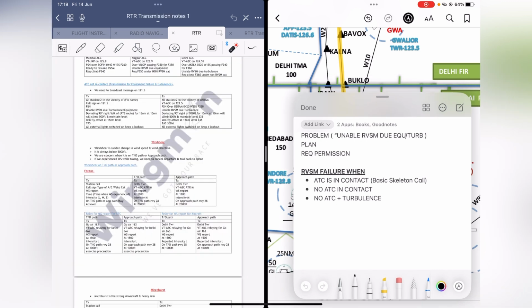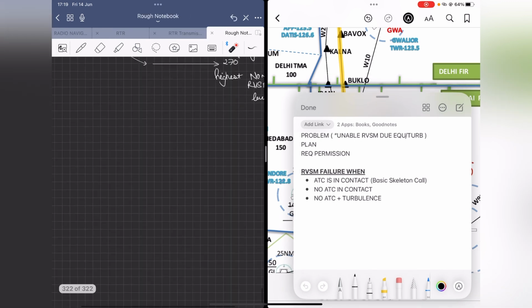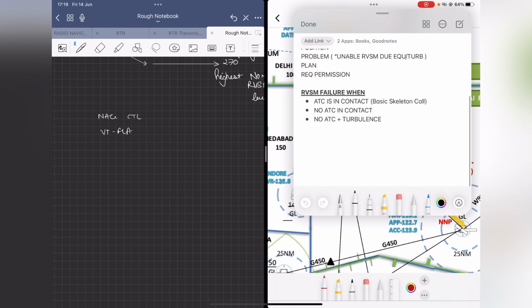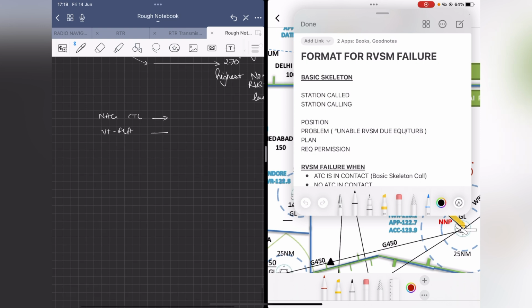Okay, the whole call will sound like: Nagpur control, this is VTFLA. Station called, station calling. What's my position? My position is 20 DME inbound BPL, that's Bhopal, at 2210 hours, flight level 310 on Whiskey 20 South.